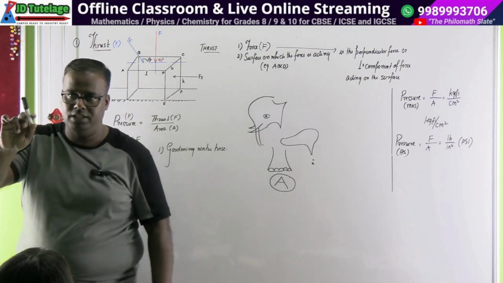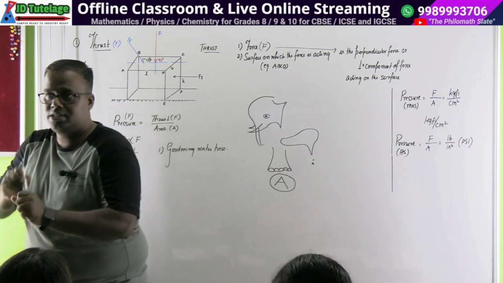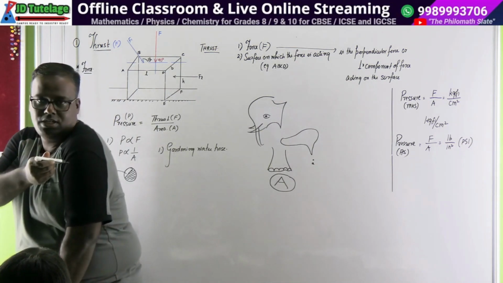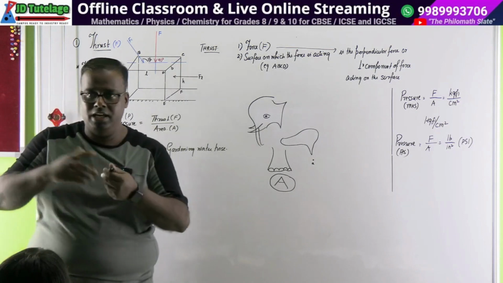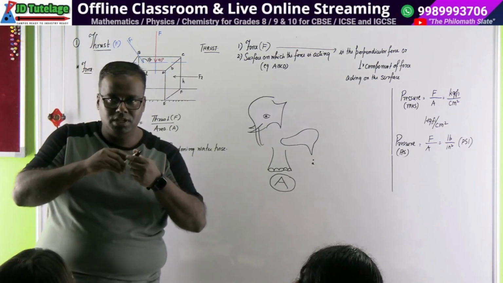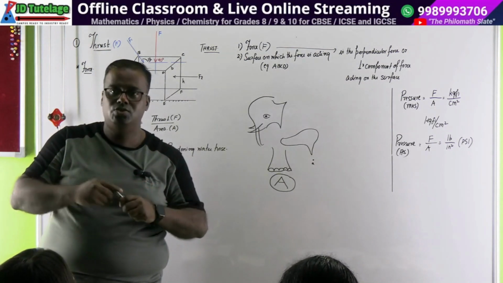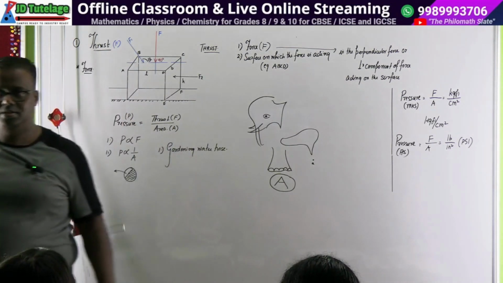This is a blunt needle, so how much area is under contact? This much. And this is a sharp needle, so how much area is under contact? This. Anyway, I have to push it into your body, so the force required by me to push it in will be less in this case, so that will hurt you less.